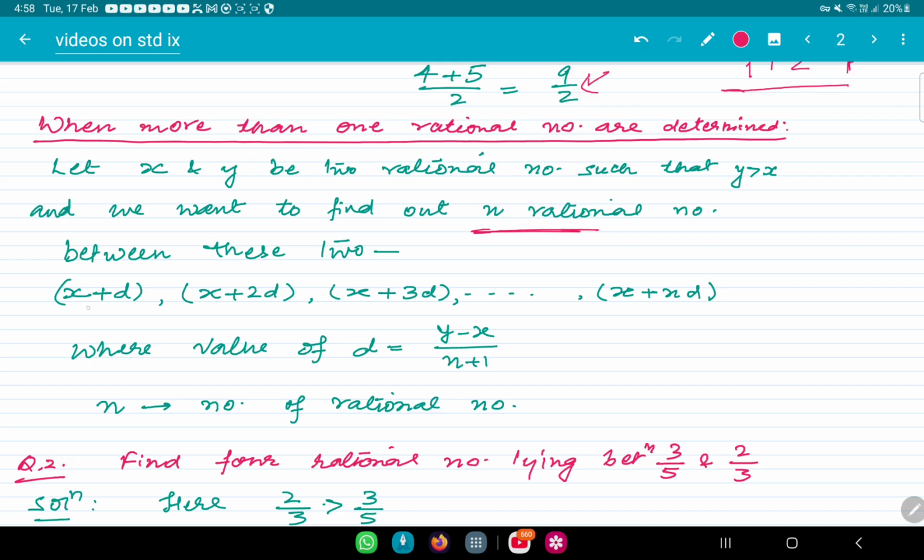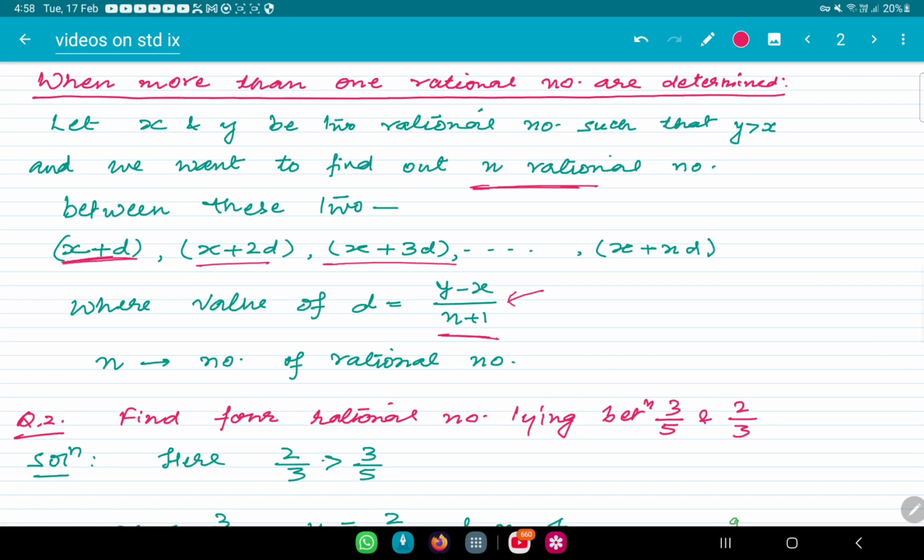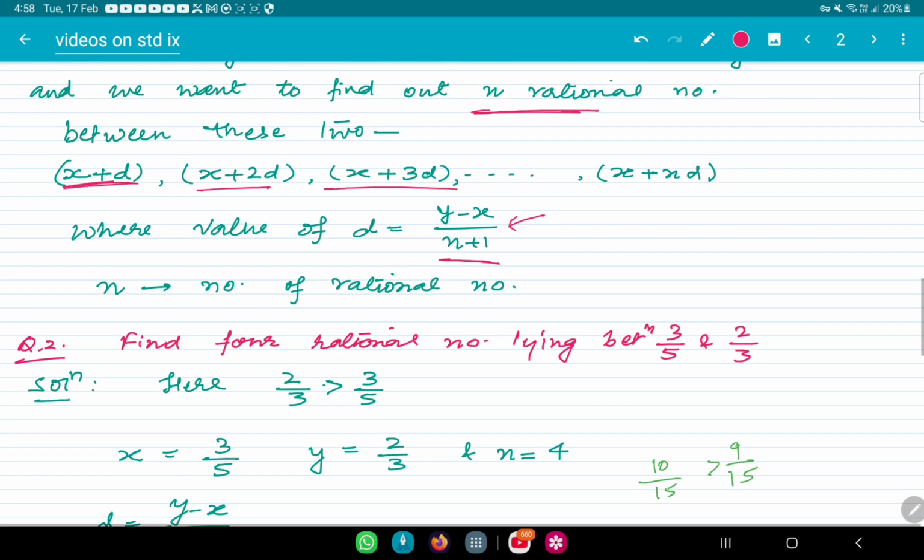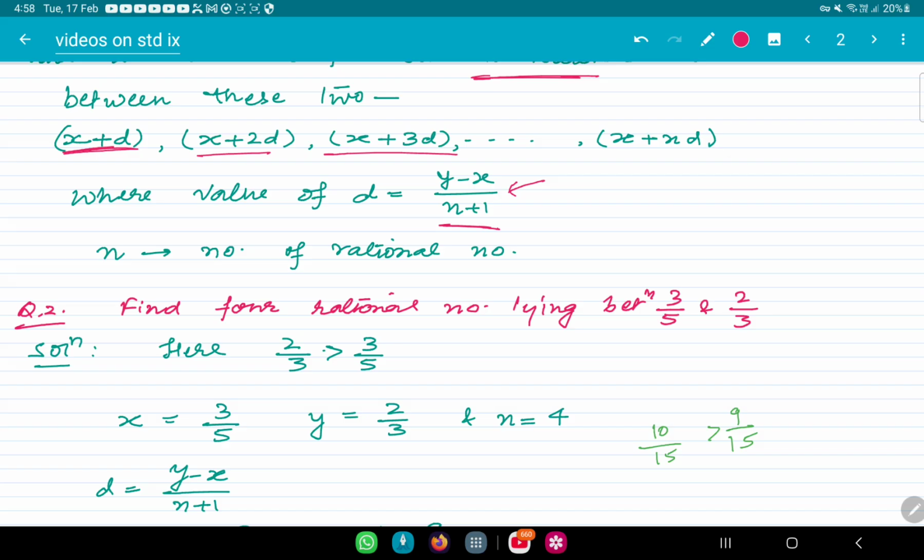They can come in the form x plus d, x plus 2d, x plus 3d, and so on, where d is the value of (y minus x) upon (n plus 1). Y is the greatest number, x is the smallest number, and n is the number of rational numbers. So d equals y minus x upon n plus 1. Through this we can find the different values.